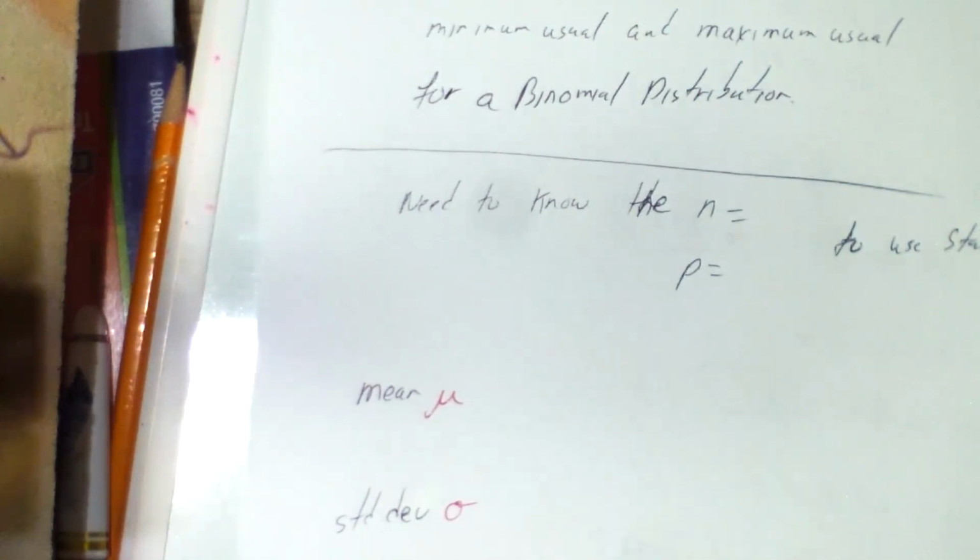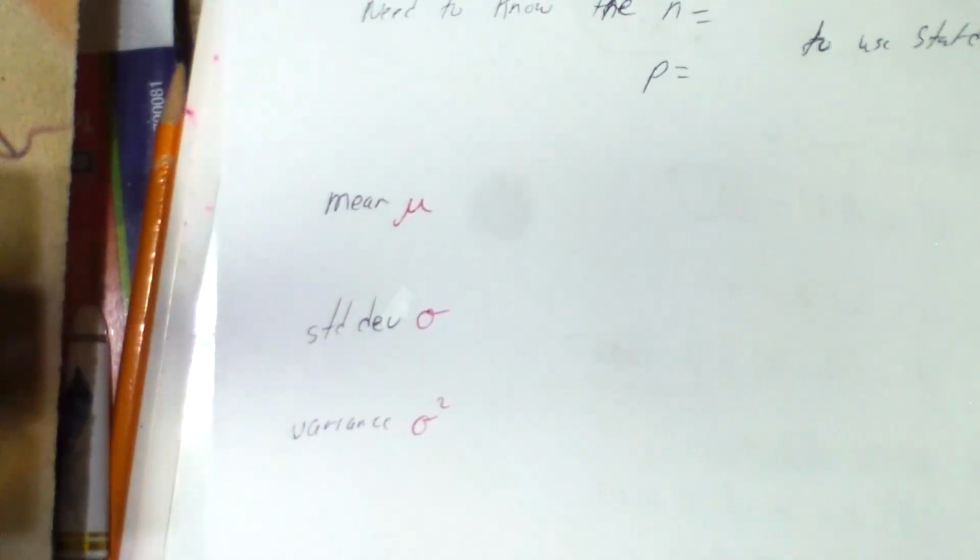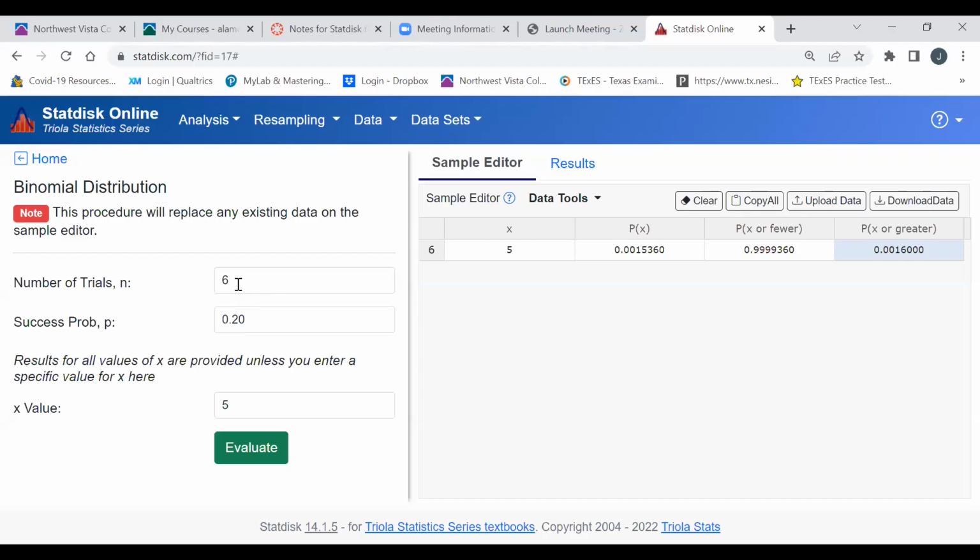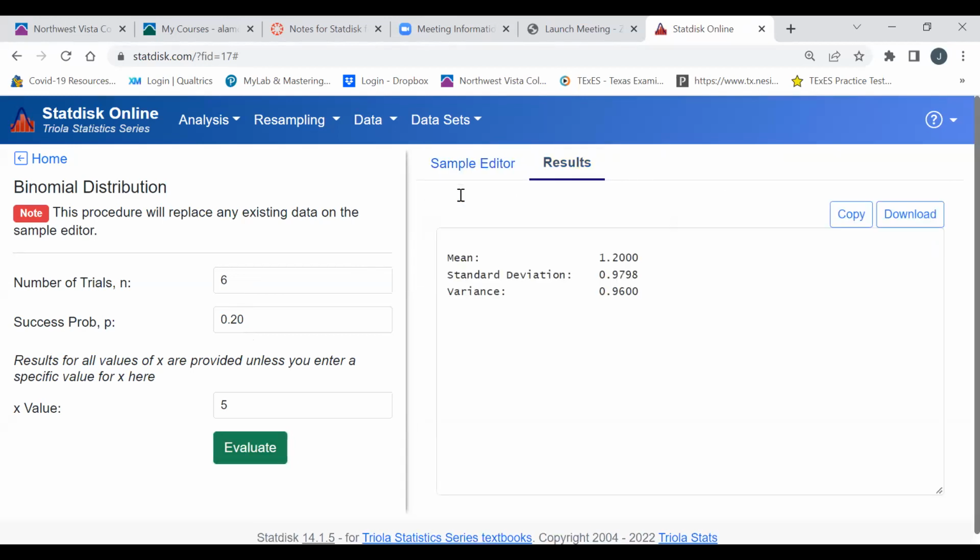And you probably didn't even notice this, but every time we used StatDisk, it computed it for us automatically without us even knowing. Go back to our StatDisk. When I did the previous problem where I put 6.20 and 5 and hit evaluate, if you click on results right here, bam!